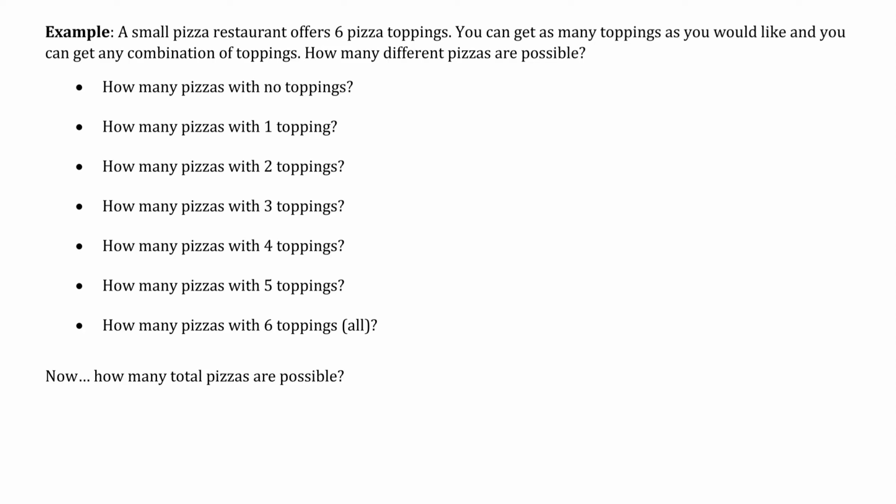But to keep a pattern consistent with how we approach this problem, I'm going to write it this way. We have 6 options to choose from, and we want to choose none of them. Plug that into your calculator, and that comes out to be 1. There's one possible pizza with no toppings.